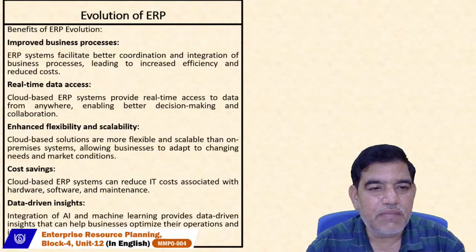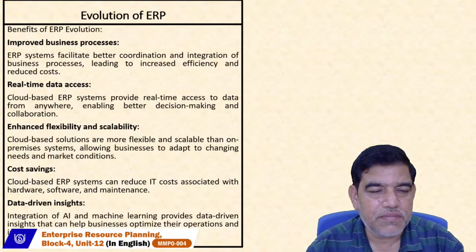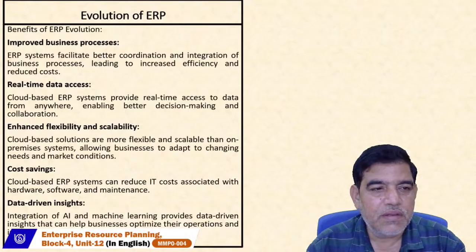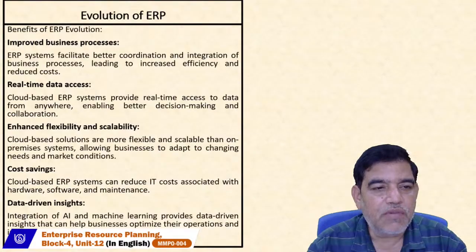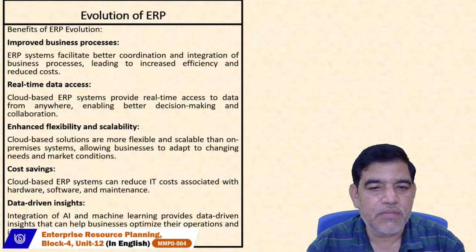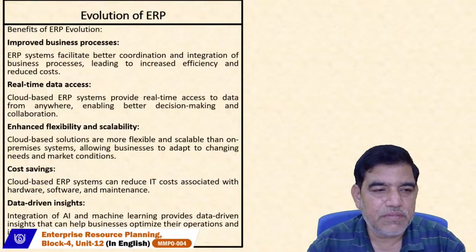If we implement the ERP system, there is no paperwork. All the transactions are done with the computer system. So it definitely reduces cost. Real-time data access. Cloud-based ERP systems provide real-time access to data from anywhere, enabling better decision making and collaboration. That is the main advantage of this ERP evolution.